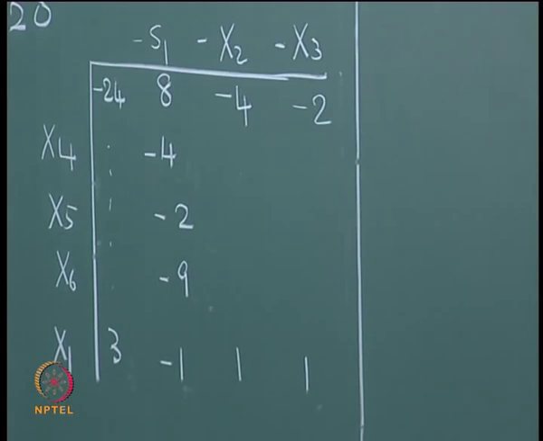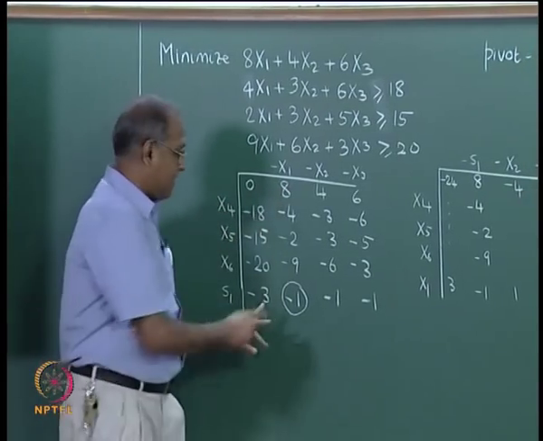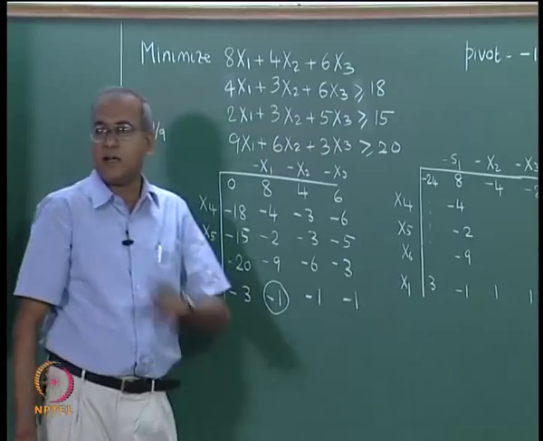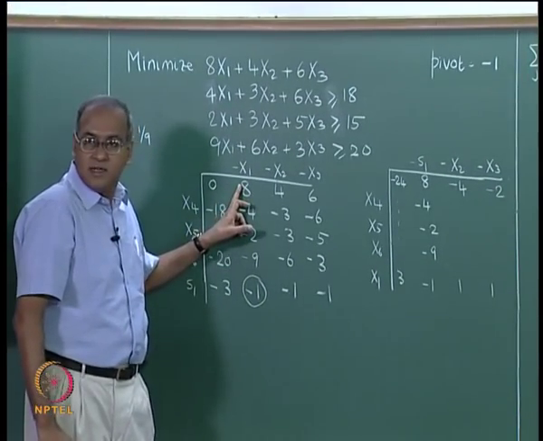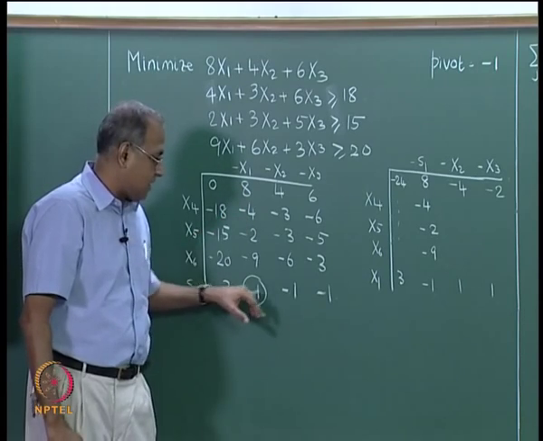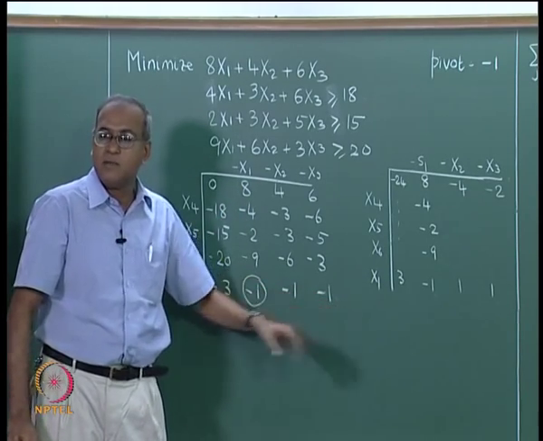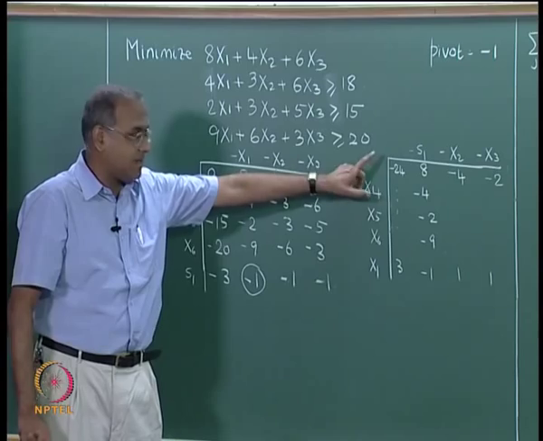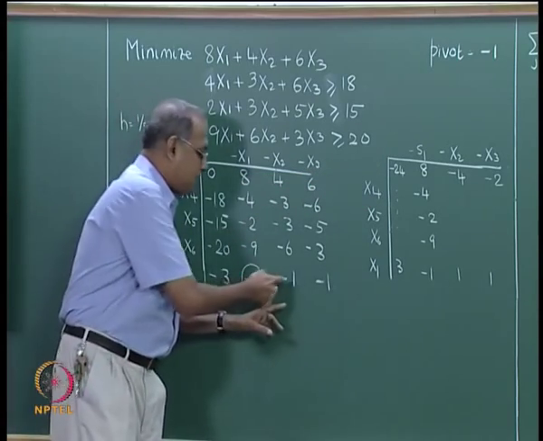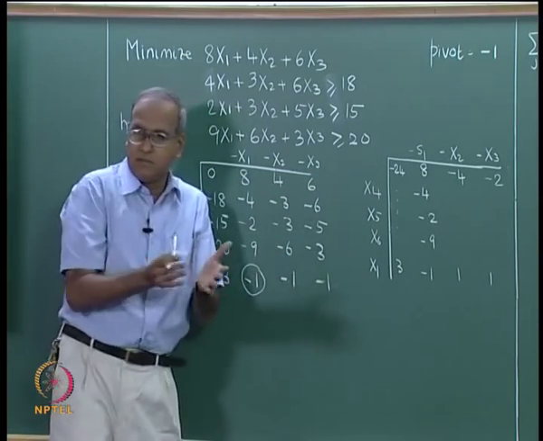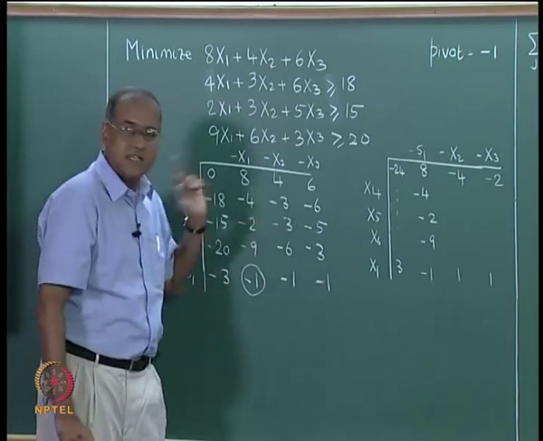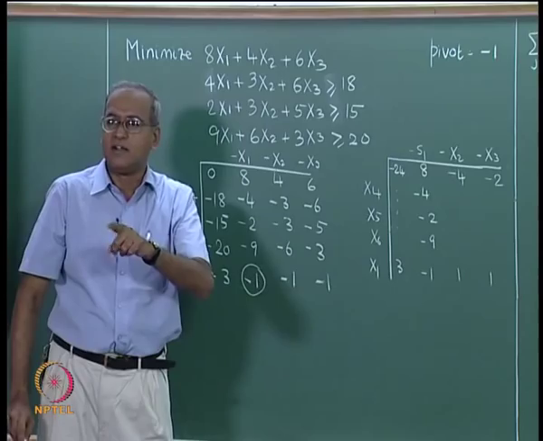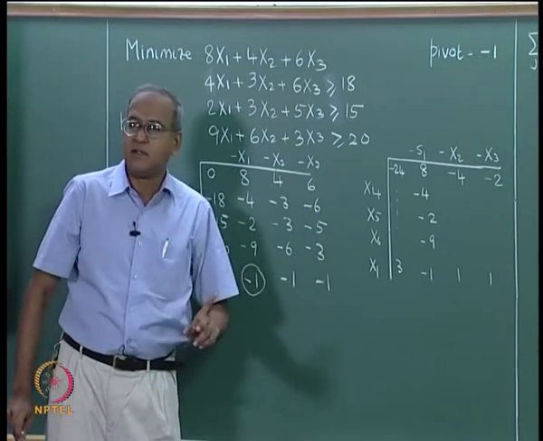So, when I pivot on this 8 and all of them have a minus 1, it is not advantageous for me to pivot on a larger number here, even though I could have chosen any one of them to be the pivot element. Automatically this makes us understand that amongst the minus 1 elements we have to choose that column which has the smallest value here, so that we get the dual feasibility maintained.